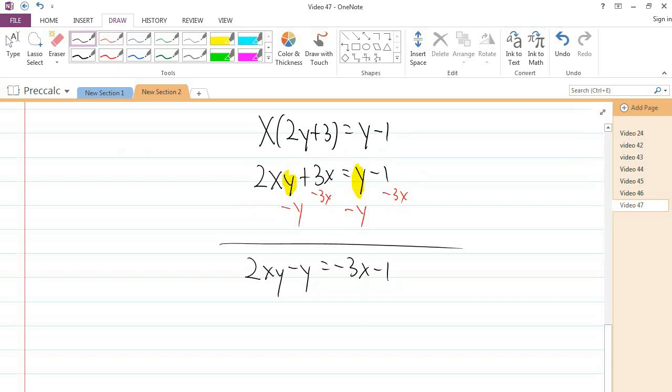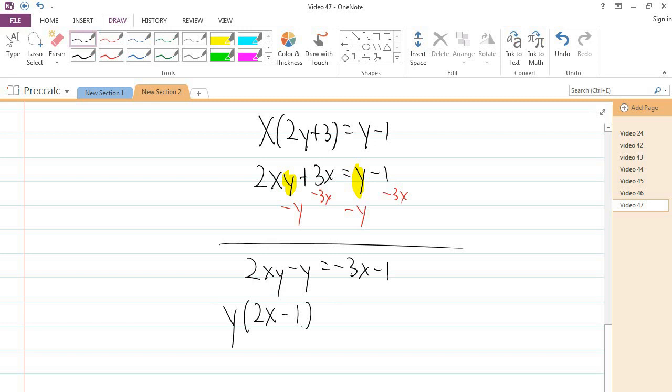The reason why I want to collect all of my y terms onto one side is because I can now factor out this y as a greatest common factor because it appears in every term. I can factor out the y. I have 2x, careful, I have 2x minus 1 left over. When you factor, you never ever lose a term.